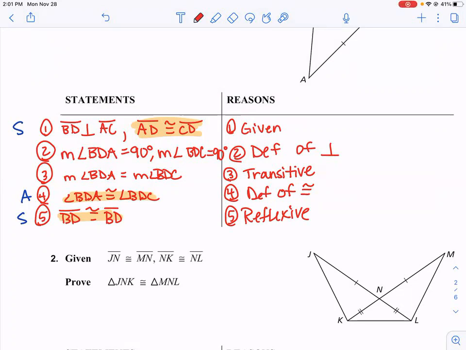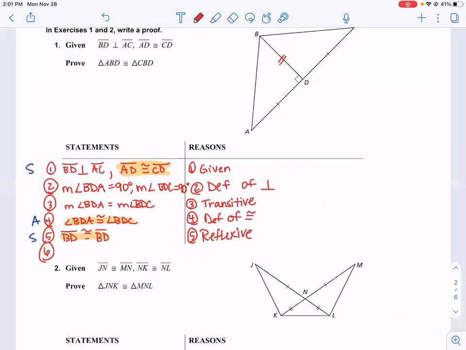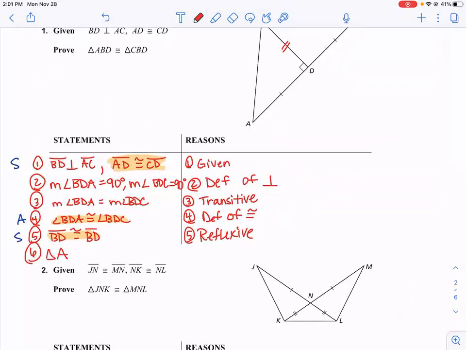Notice how I've labeled them, so I know that I have them. They happen to be in the order of SAS. It's okay if they are not. But because I have side, angle, side congruency statements, I can say that triangle ABD is congruent to triangle CBD because of side, angle, side. Write that one down.